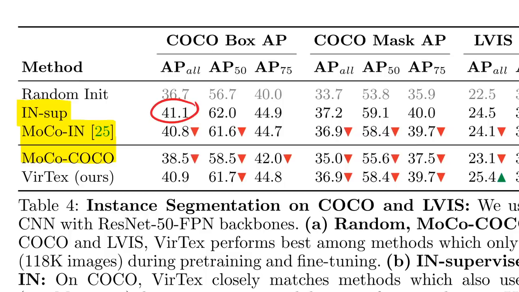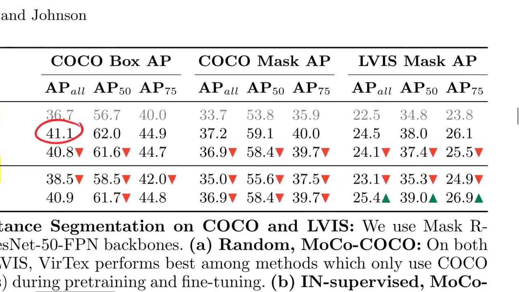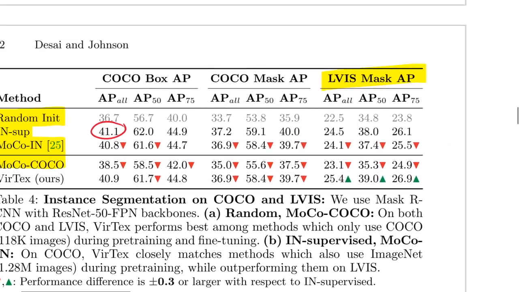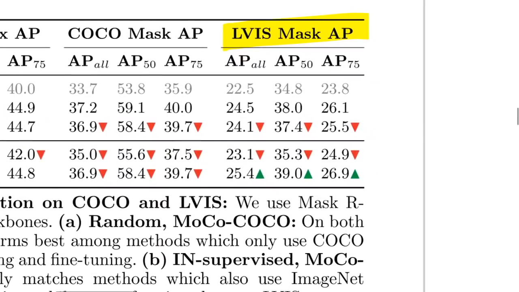But all of them, of course, are better than just a randomly initialized network that is trained from scratch. I mean, that's the entire point of transfer learning, that you are better than simply learning from scratch. And this shows throughout this experiment, except in this LVIS masking task, where they do outperform the other methods significantly.